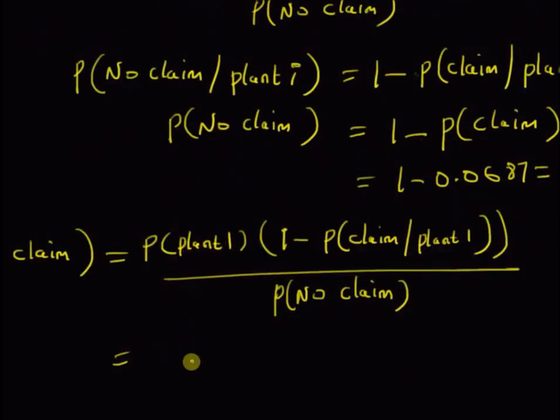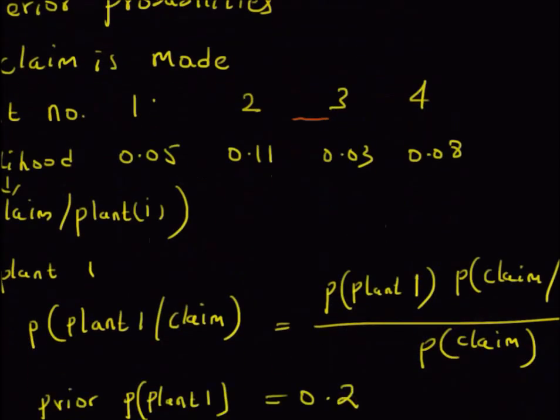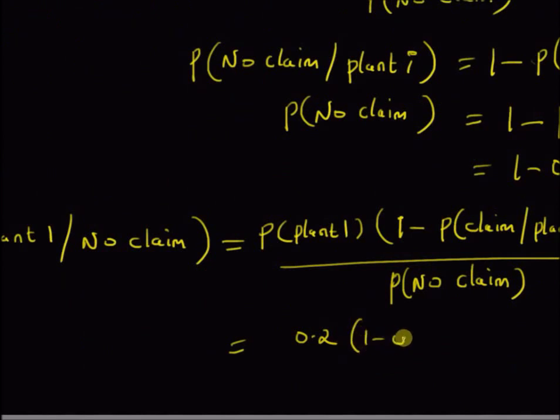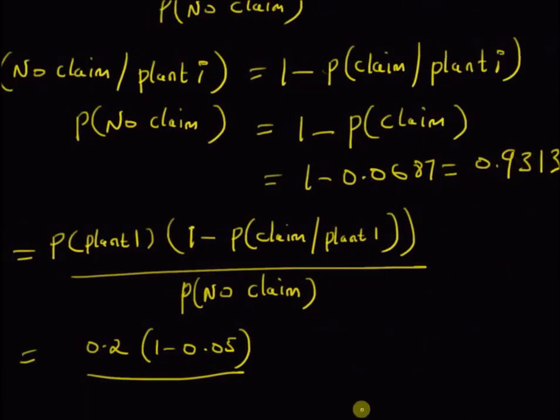So the first value is clearly equal to 0.2 from table 1, and the second value in the numerator is 1 minus 0.05, and the denominator is clearly equal to 0.9313.